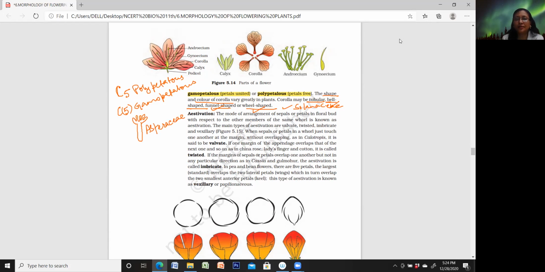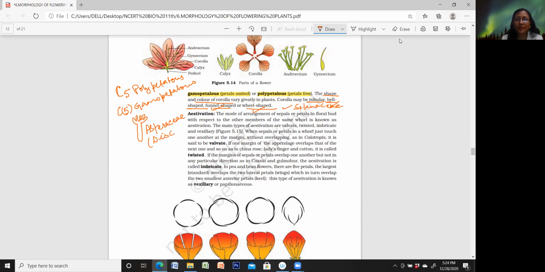You may find a petal like this, tubular, in Asteraceae disc florets, the central dark ones in sunflower. This is the tubular one I was drawing. And a flower which looks like a bell or a funnel or a wheel is very common in members of Solanaceae.